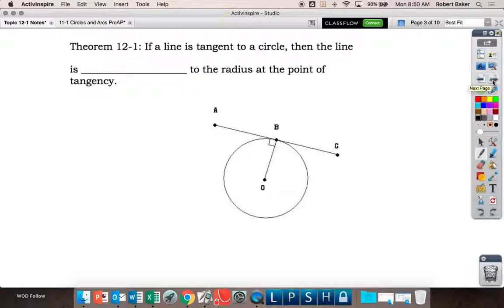Alright, so for our first theorem, it says if a line is tangent to a circle, then the line is blank to the radius at the point of tangency. If AC is tangent to circle O, then OB and AC are what?